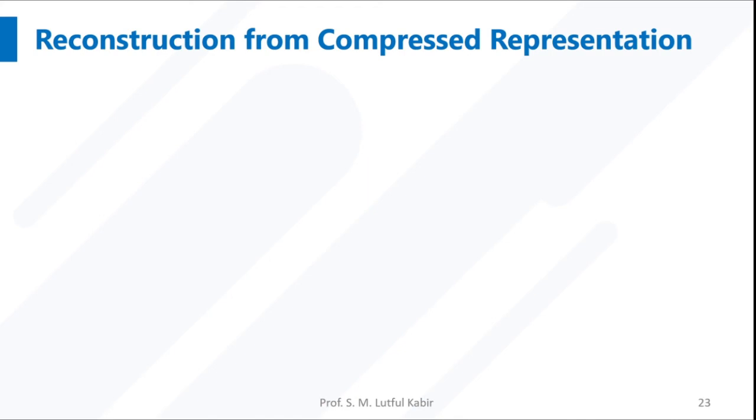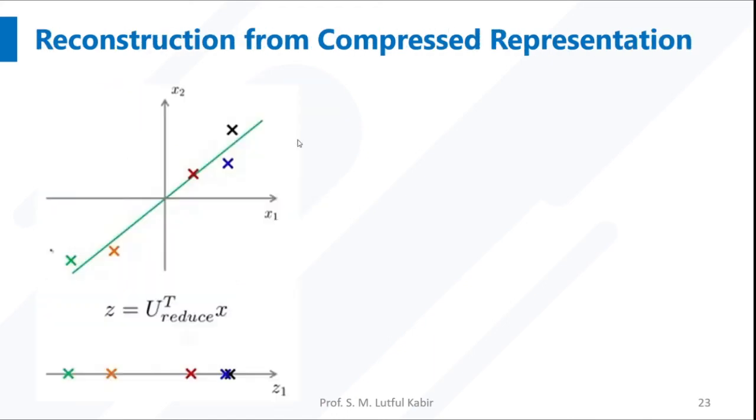Say for example, in case of two-dimensional data like this, we find z, that means the 2 to 1 dimension reduction. Z we obtain by this formula, U reduced transpose multiplied by x. How to get U reduced we discussed when we discussed the SVD function.